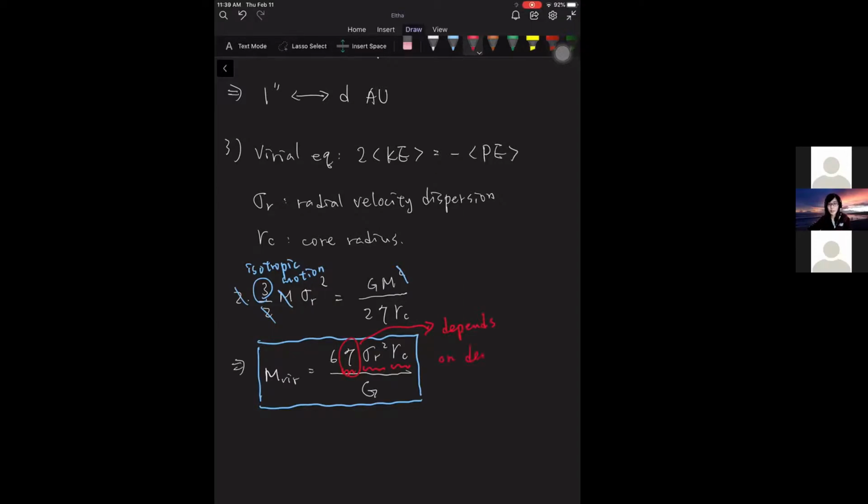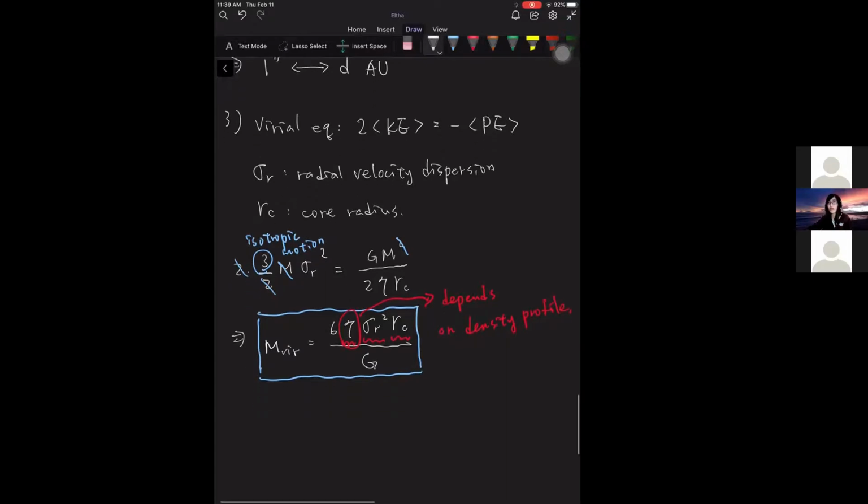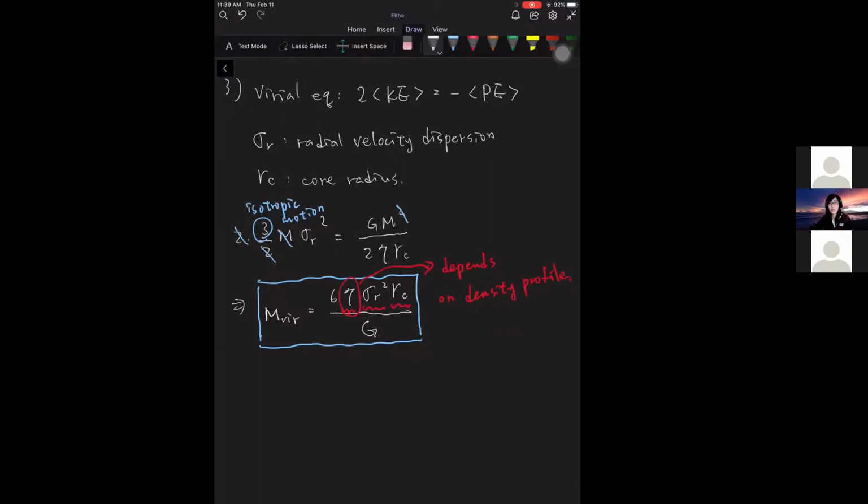If you recall, in last week's problem session, we worked on a homogeneous sphere with uniform density, right? So rho of r equals a constant, and that means a homogeneous sphere.